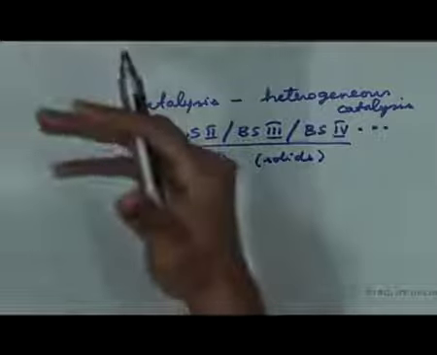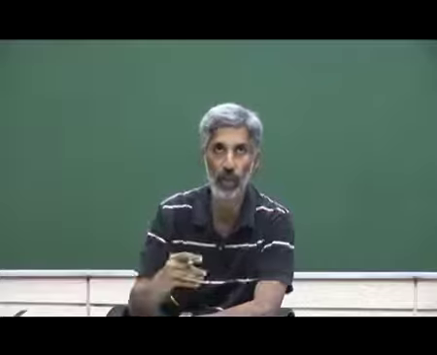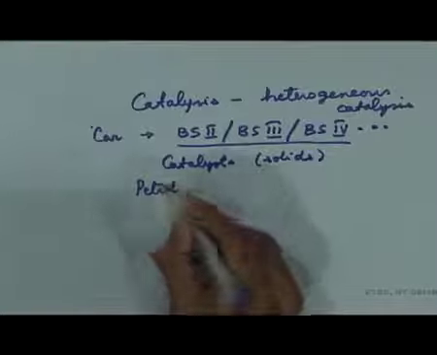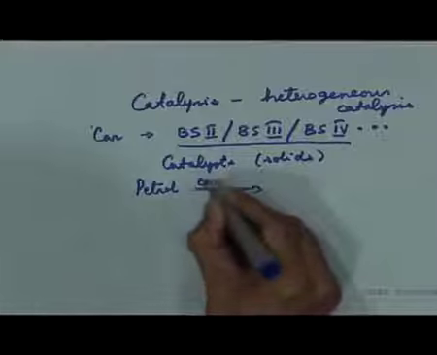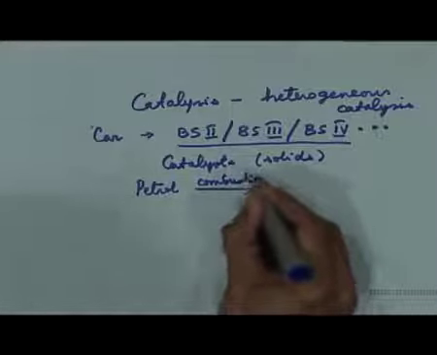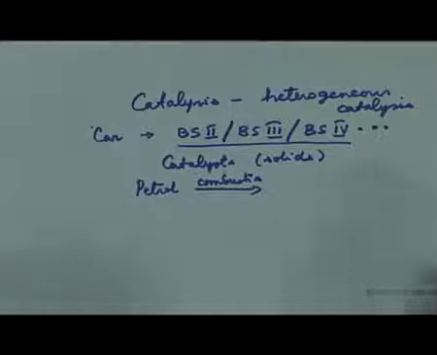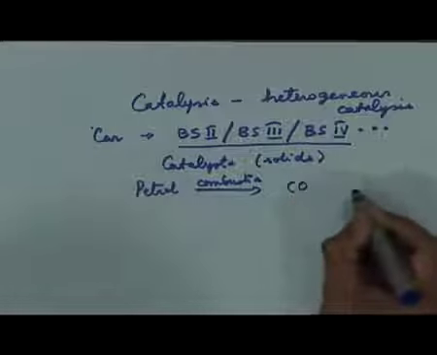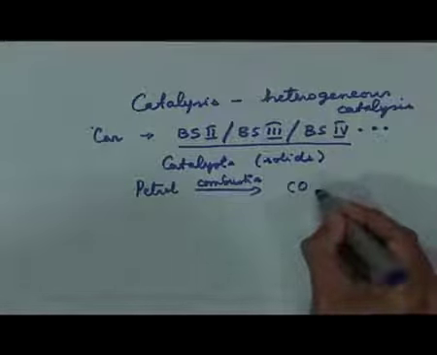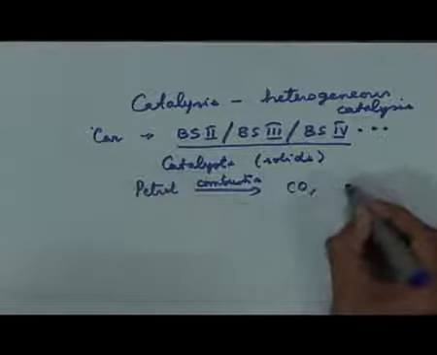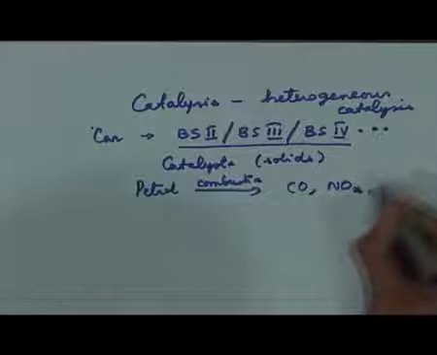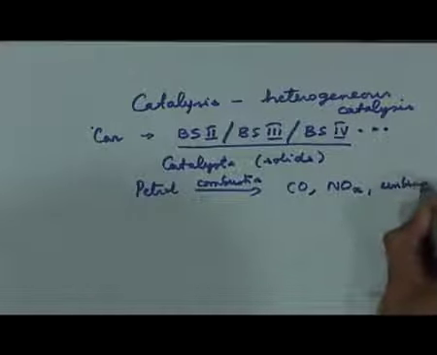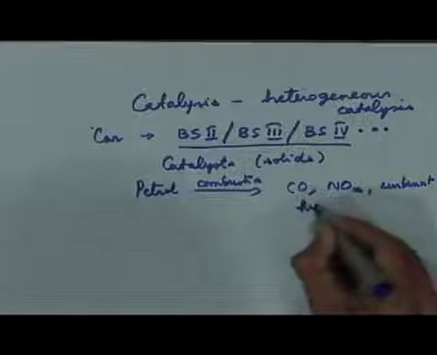And if you know what happens in a car, for example, is that you burn petrol. And when you burn petrol, what you are going to get is, in addition to carbon dioxide and water, oxides of carbon, which is carbon monoxide other than carbon dioxide. You will get oxides of nitrogen, which are called NOx, and you will have unburnt hydrocarbons.